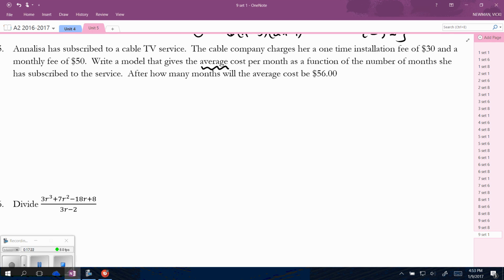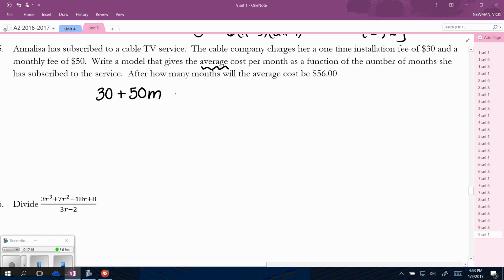Okay, so you guys know the average is divide by how many there are, right? So right now, she paid $30 plus she's paying $50 per month. I'm going to call it M, okay?